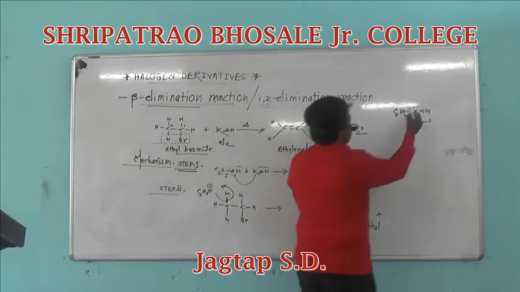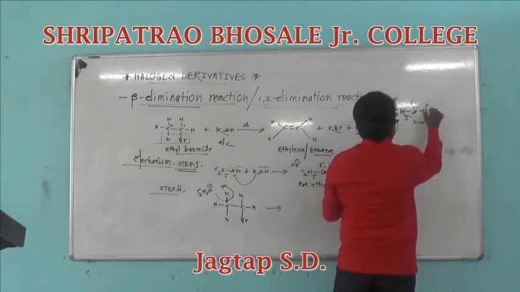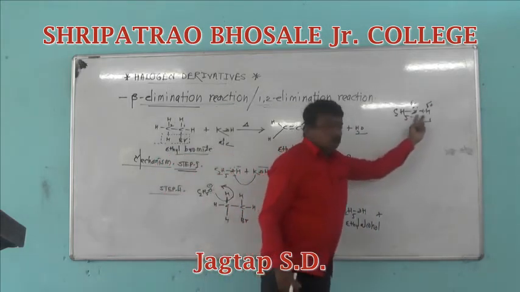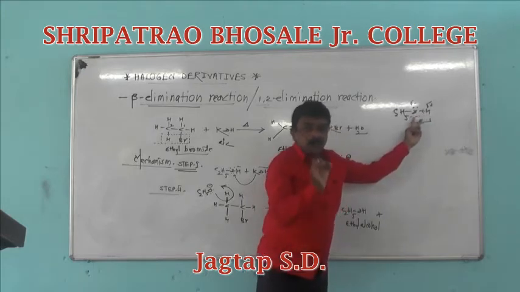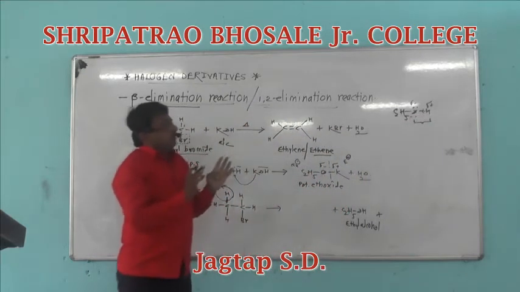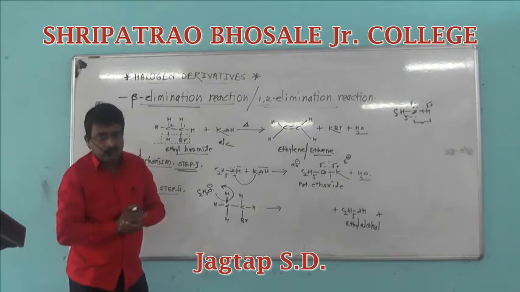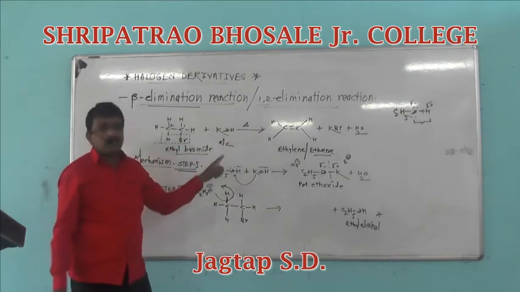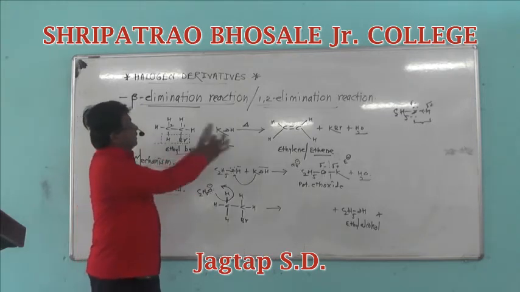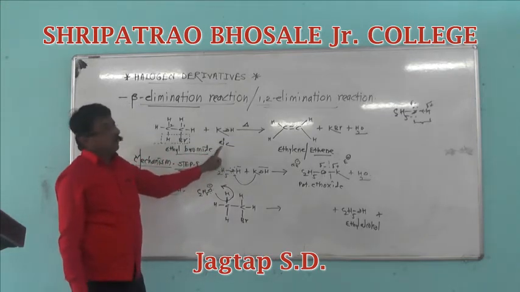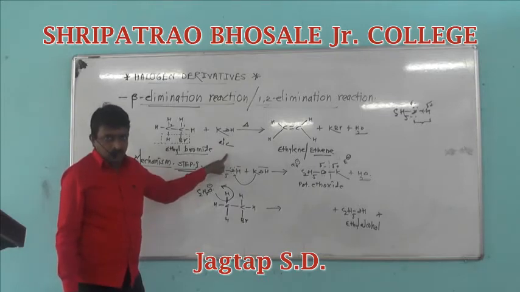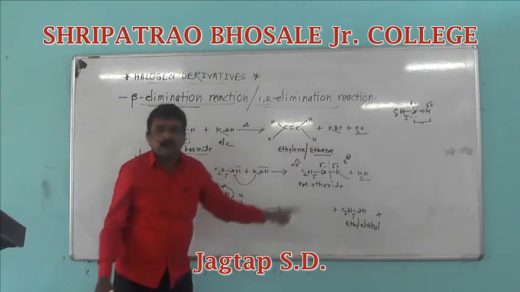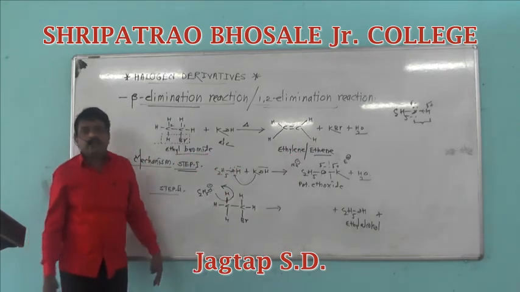As a result, O carries a partial negative charge and H carries a partial positive charge. This polarity is due to the electronegativity difference between hydrogen and oxygen. Generally, ethyl alcohol is used as a solvent. Here, beta elimination takes place in presence of alcohol. Alcohol is a polar solvent. In presence of a polar solvent, the breaking of the covalent bond takes place heterolytically.